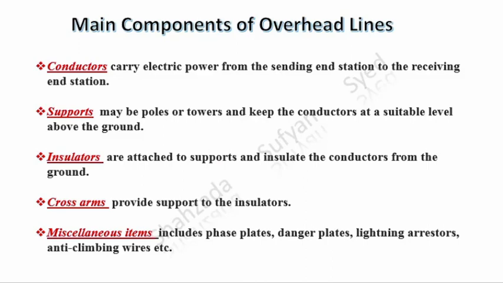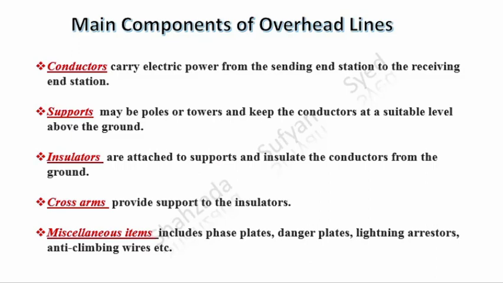The main components of overhead lines include conductors, supporting structures, insulators, cross arms, and some miscellaneous items. Conductors carry electrical power from the sending end station to the receiving end station. The sending end station can either be a generating station or a substation, and the receiving end station can be a substation or a load.